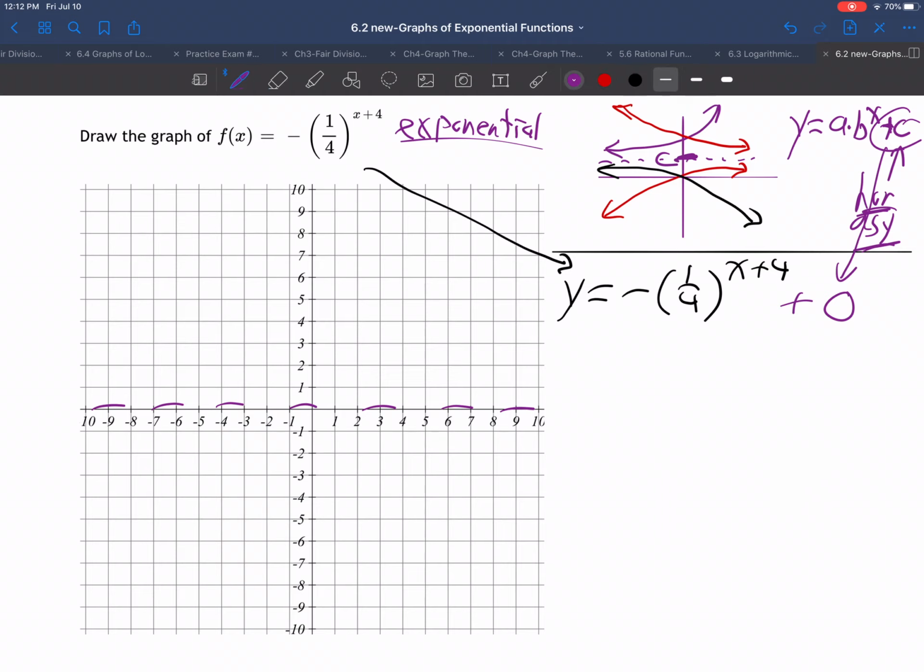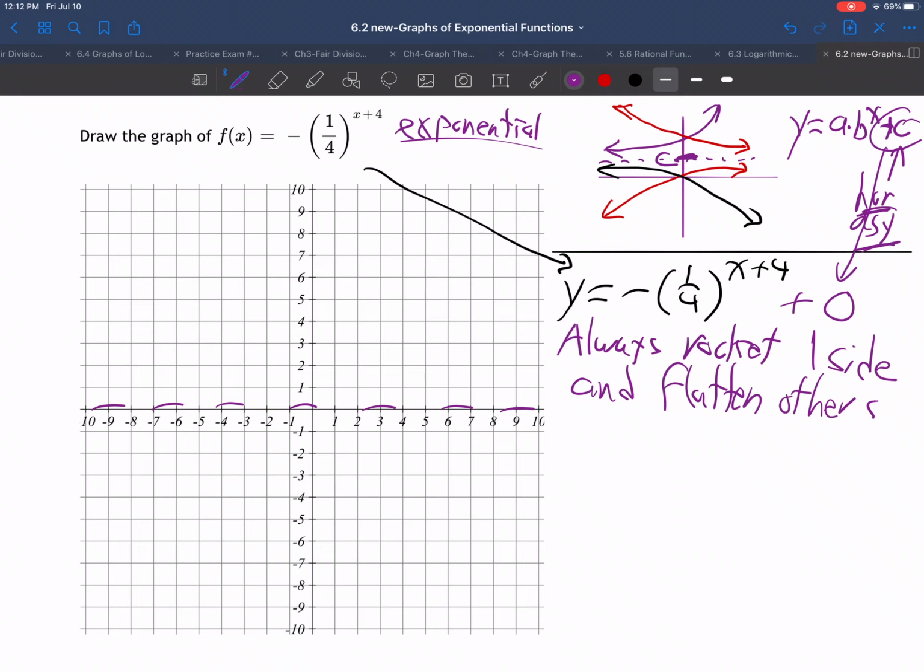Let me write it for you: they always rocket on one side, up or down, and flatten on the other side. That's what they always do. The horizontal asymptote is where they flatten out. It's the number added off to the right, which is 0 in this case.